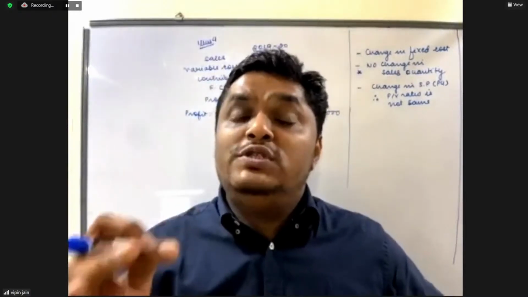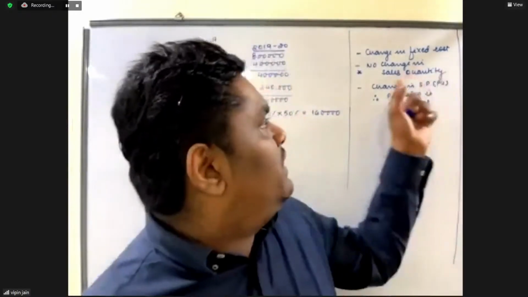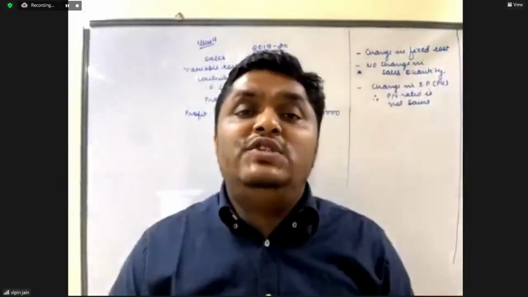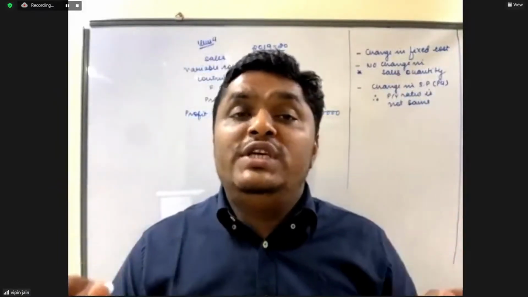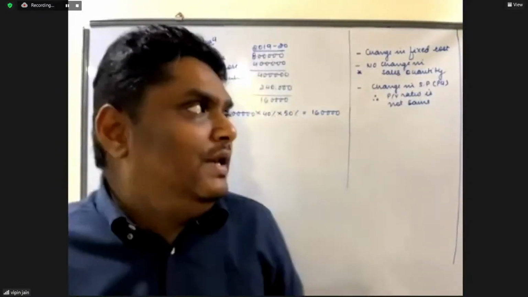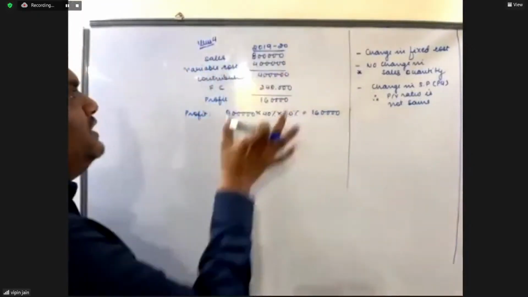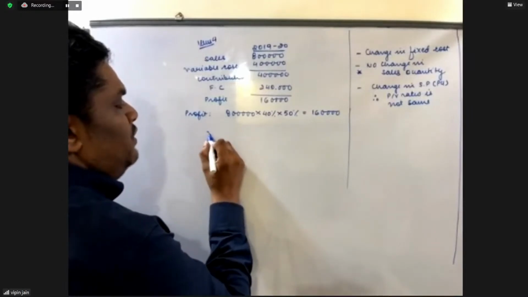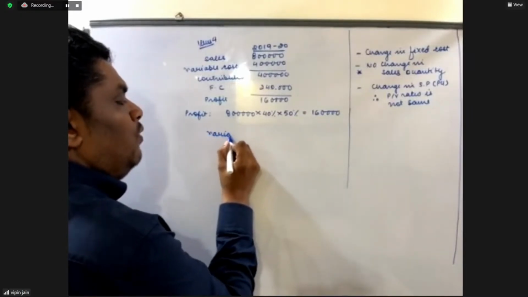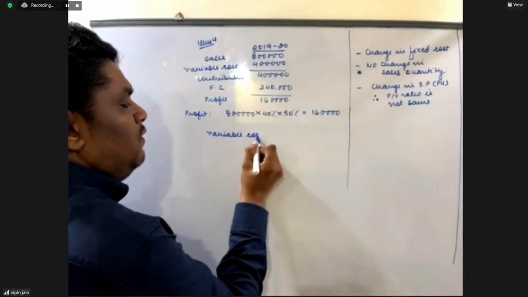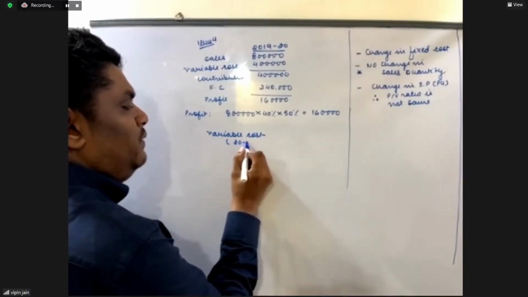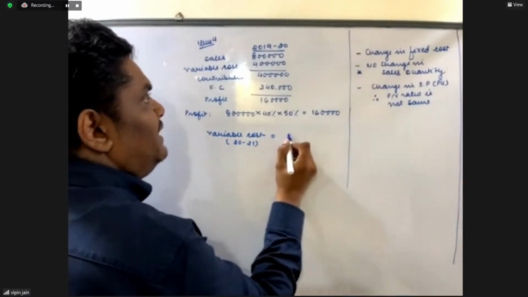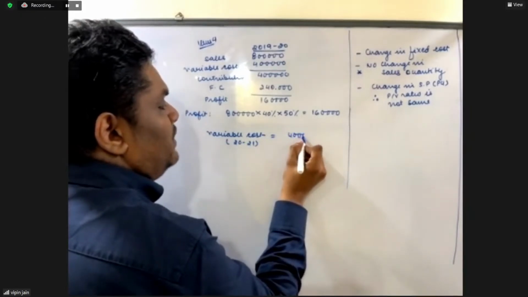First and the foremost thing, there is no change in sales quantity. Secondly, the PV ratio is changing, due to change in selling price. So here in this case, there will be no change in variable cost for the year 2021. So variable cost for 2021 will be same, that is my 4 lakh.